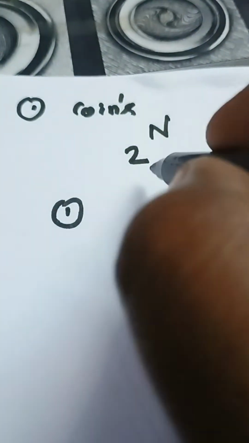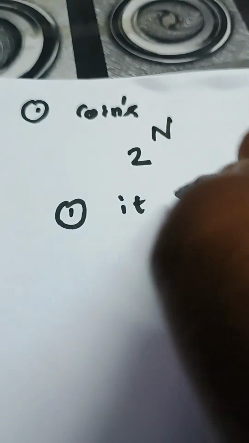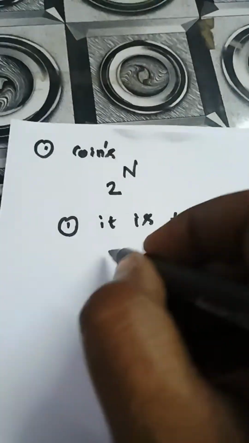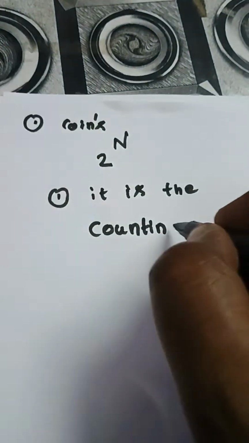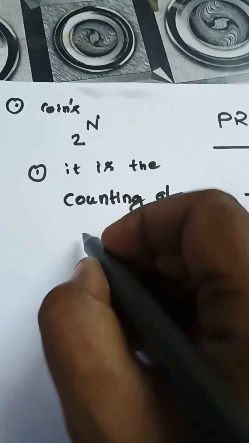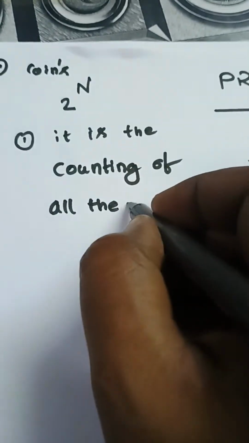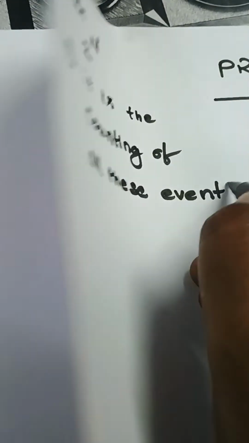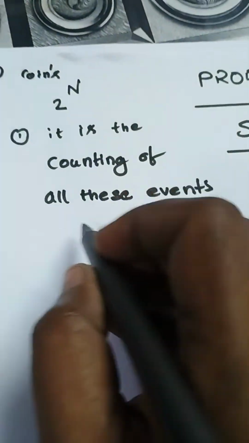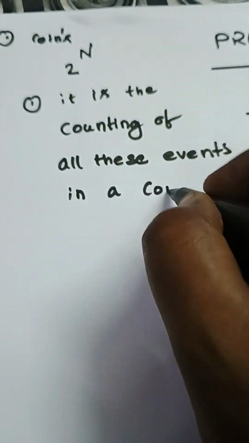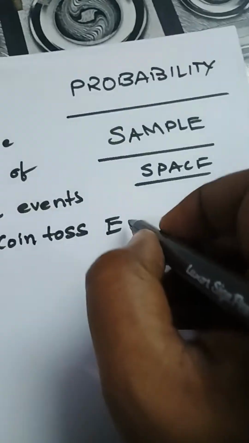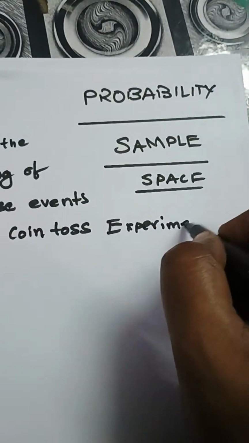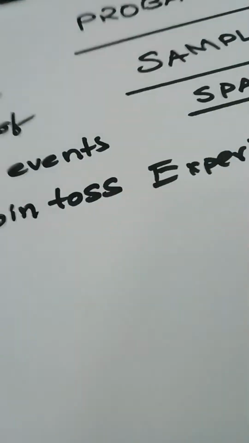This is the only formula that you are going to learn, and we can make miracles with it, because 2 power n is the counting of the sample space, the counting of all these events in a coin toss experiment.